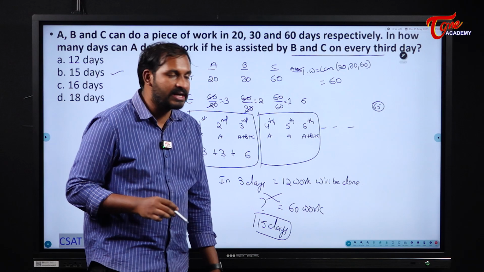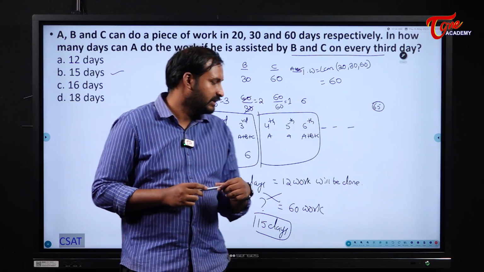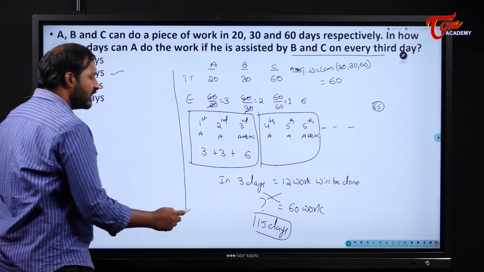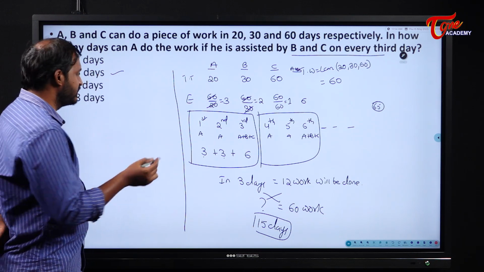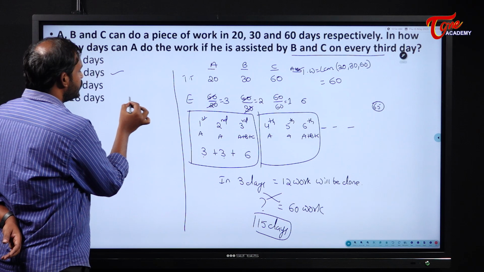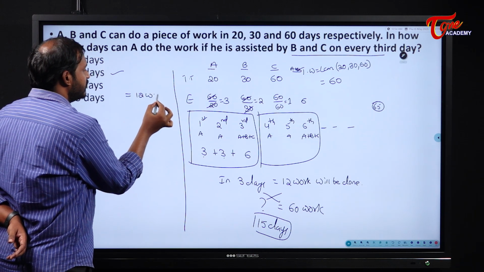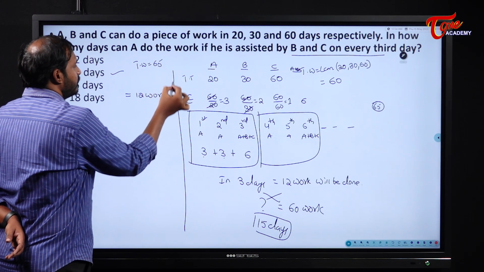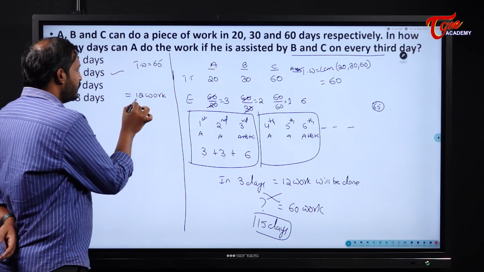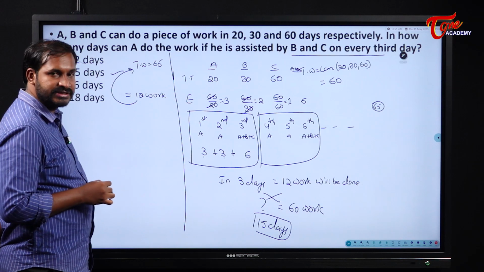But for example, if total work is 65, same concept, how are we going to solve this one? See here students, in 3 days, 12 work will be finished. So if total work is 65, the multiple of 12 nearer to 65 is 60.